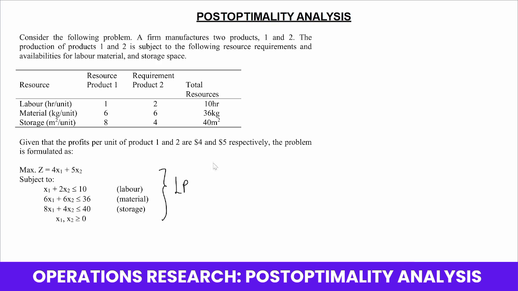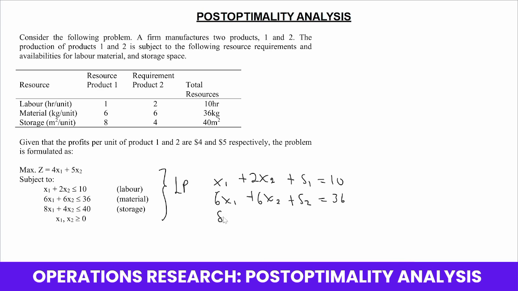So let's do that. Converting this LP to the simplex standard form, you have x1 plus 2x2 plus s1 equal to 10. We have 6x1 plus 6x2 plus s2 equal to 36.